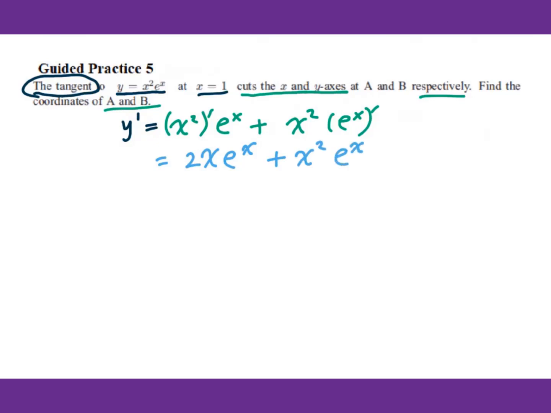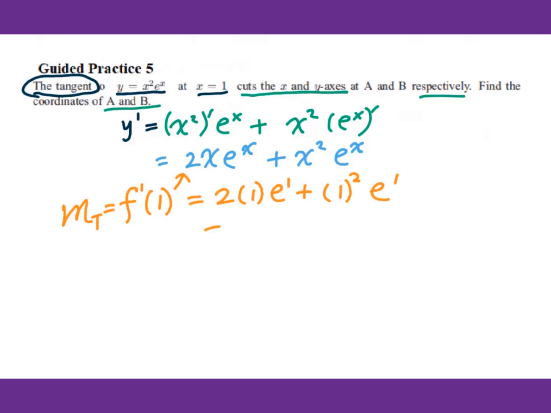We plug in 1 to this derivative function so that we can get the slope of the tangent line. That is 2 times 1 times e to the 1 plus 1 squared e to the 1. Altogether, you will get 3e.